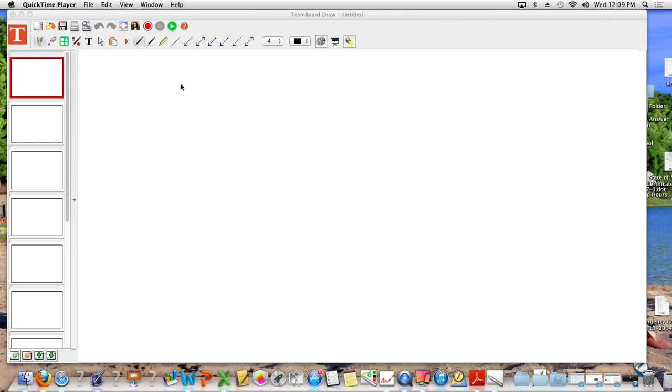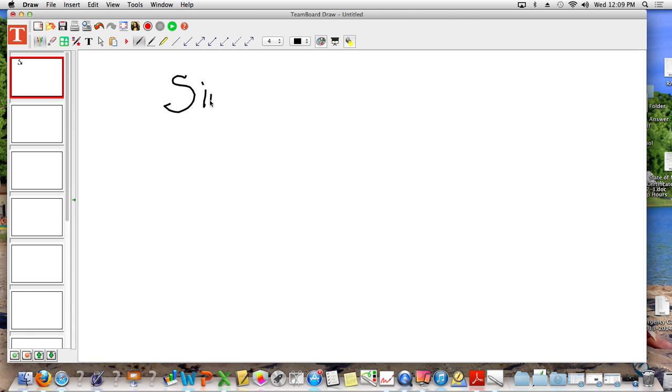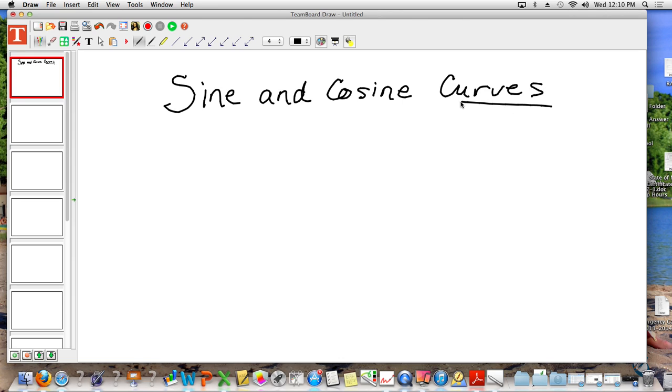All right, so in your notes, please label the notes as sine and cosine curves. Sine and cosine curves.